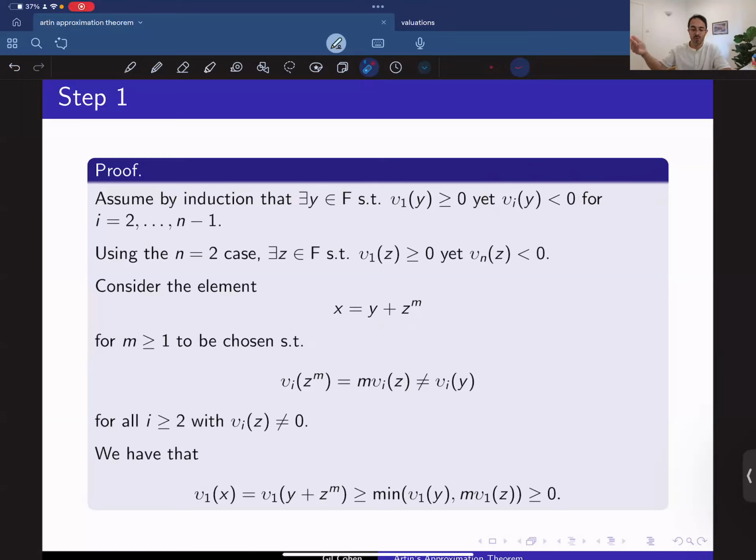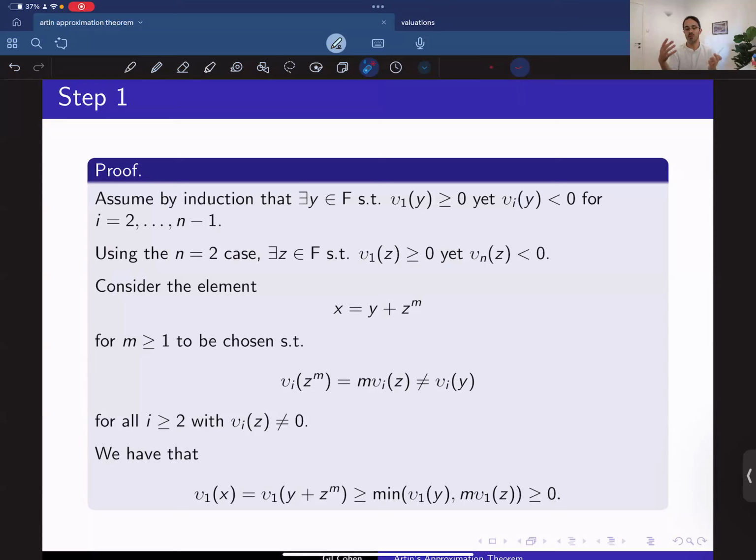So what about the nth point, the nth valuation? Using the n equals 2 case, just considering V1 and Vn, completely skipping 2 up to n minus 1, we just proved that basis anyhow. So there exists an element Z in the field that is a non-pole of V1, and it's a pole of Vn, right?